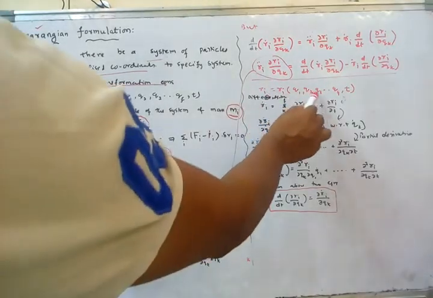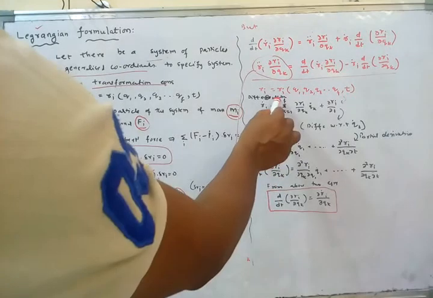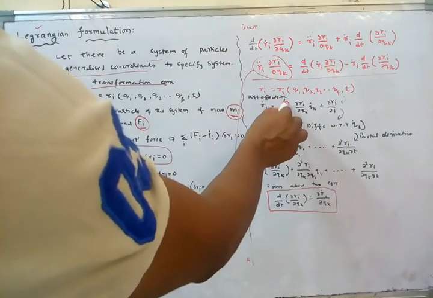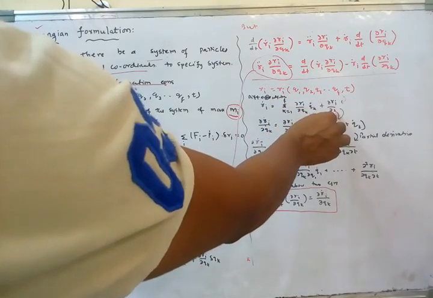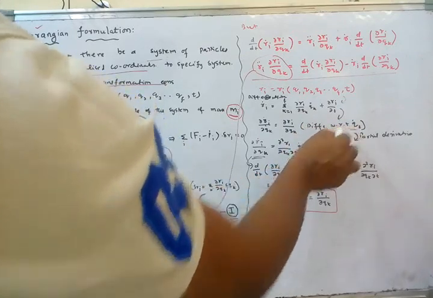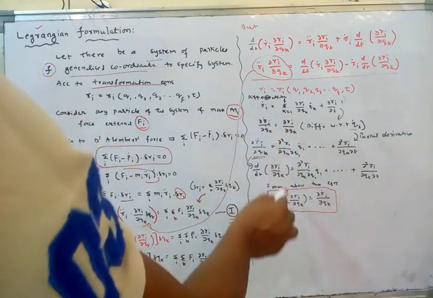This is the position vector in terms of generalized coordinates. Differentiate with time: Ri dot equals sigma k dou Ri by dou qk times qk dot, plus dou Ri by dou t. Then differentiate once more with respect to qk dot, giving dou Ri dot by dou qk dot equals dou Ri by dou qk.